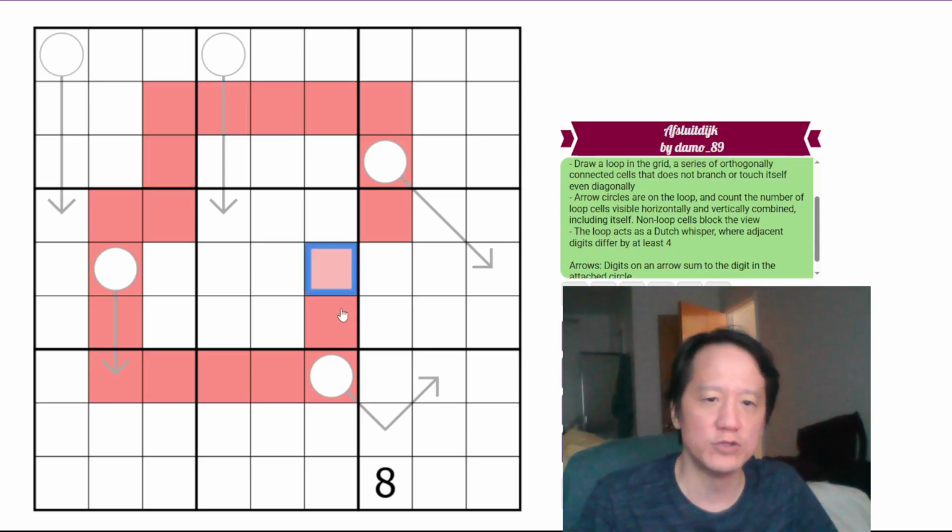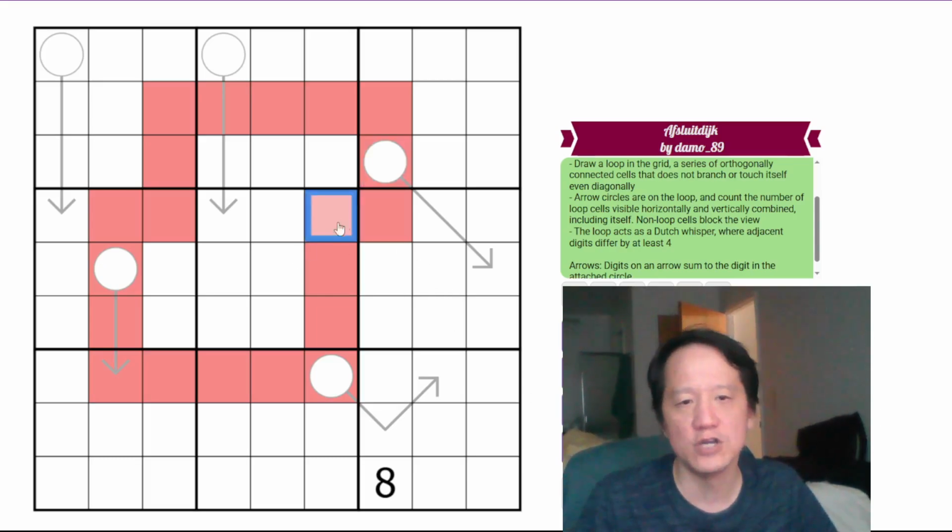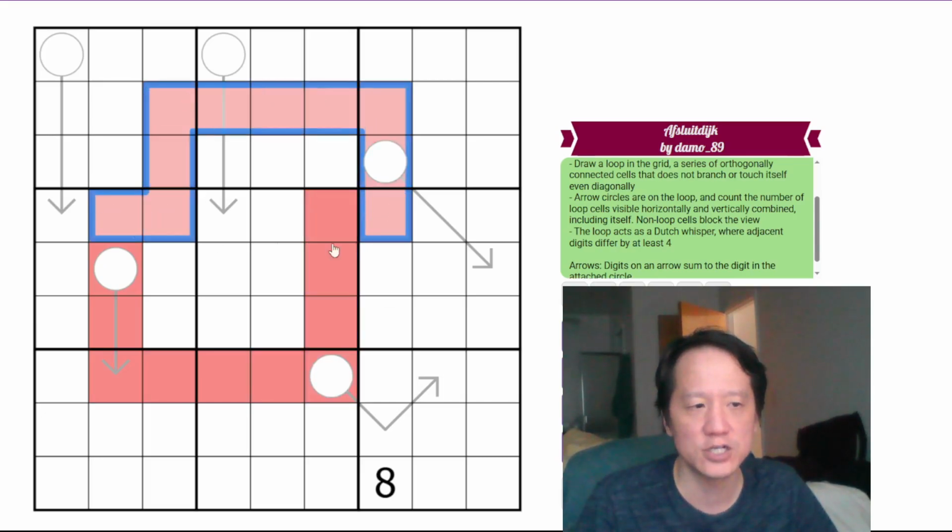So this would only share an edge with one cell in the loop, and this would share an edge with one cell in the loop. So that's not a valid loop. You could complete it by going here, and then every cell on the loop shares an edge with two and only two other cells on the loop.